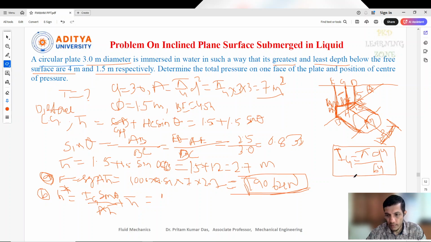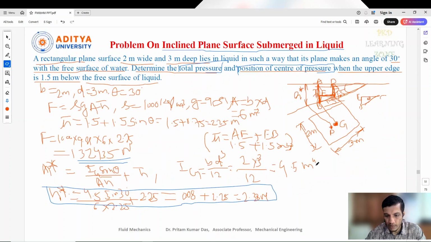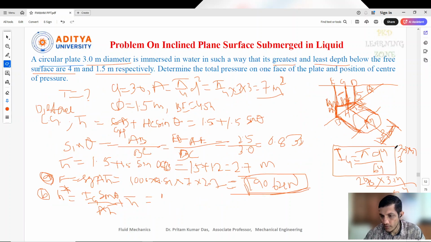So 3, 9, 27, sorry, this is 81. 81 into 3.14, so that means 243 something will come, divided by 64. That means near about 3 or 4 will come.